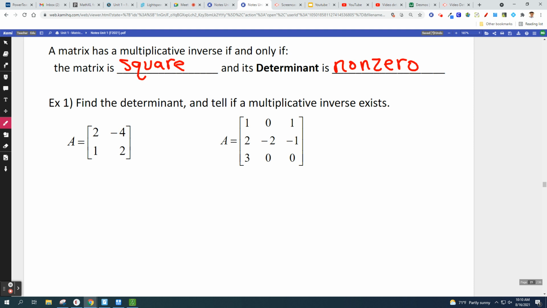Sometimes an inverse does not exist. So one way to tell if it exists or not is to find this determinant. If the determinant is 0, there's no inverse. If the determinant is anything else, then there is an inverse. It exists. So find the determinant and tell if a multiplicative inverse exists.